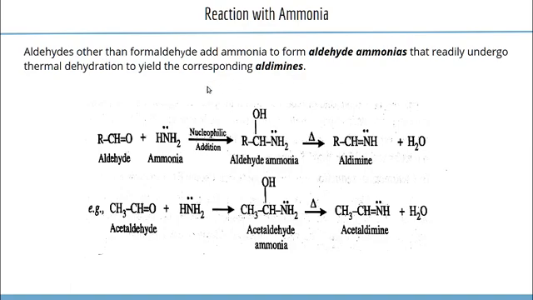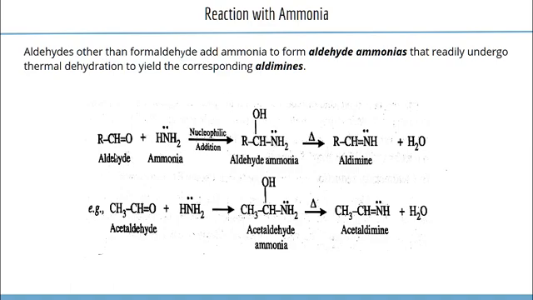That means usually aldehydes condense with ammonia. First we will get an addition product, which on heating gives the corresponding aldimine. Formaldehyde will give a different type of reaction that we will discuss later.